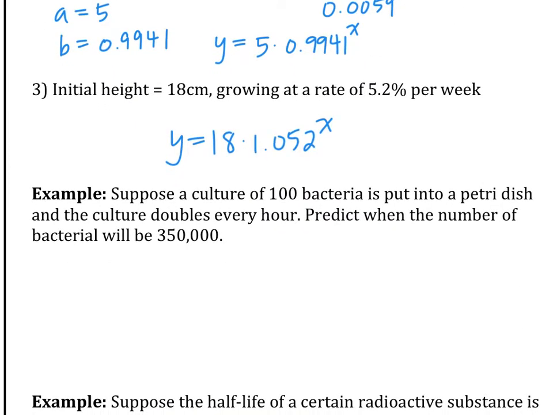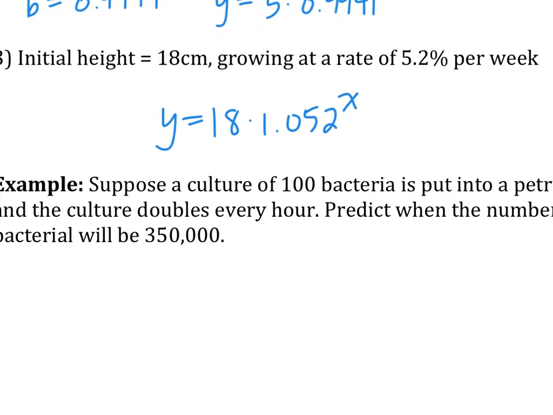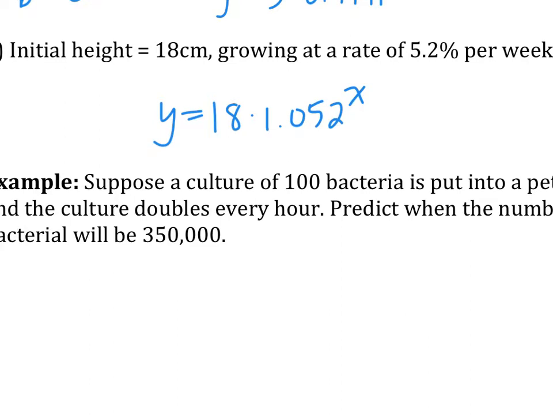Suppose a culture of 100 bacteria is put into a petri dish and the culture doubles every hour. Predict when the number of bacteria will be 350,000. Okay, we gotta think about this. So this is going to be exponential because when you double, so let's say you start with 1, the next hour will be 2. You double it again, 4, double it again, 8, double it again, 16. So it's growing really, really fast, and that's going to be an exponential graph.